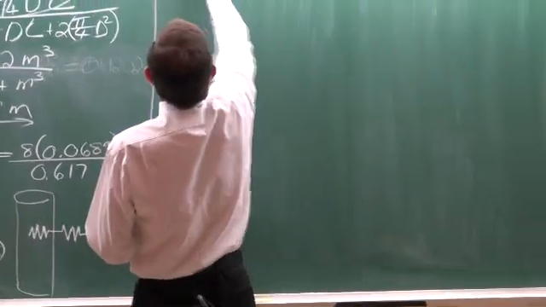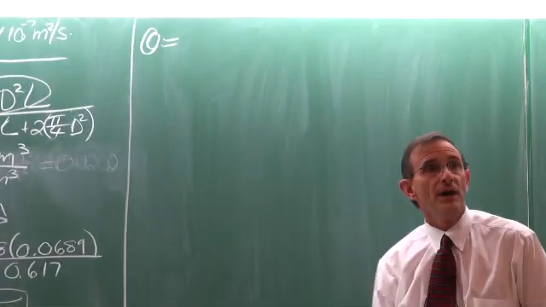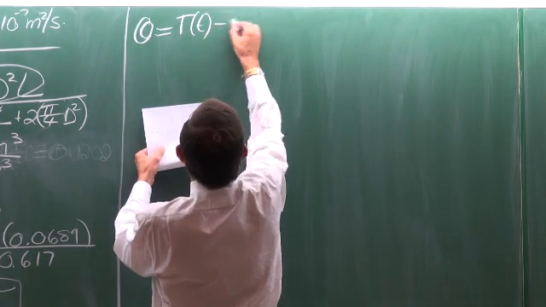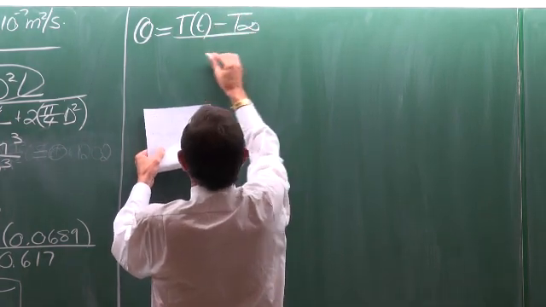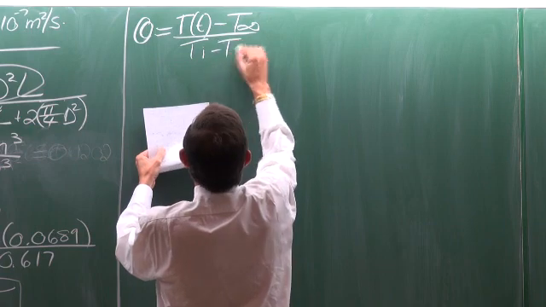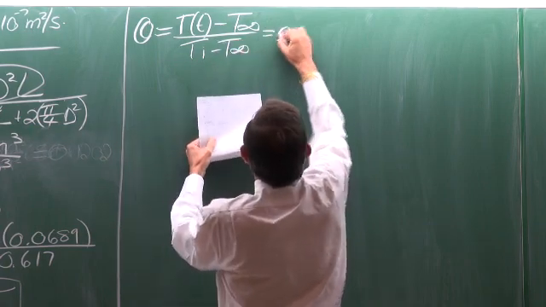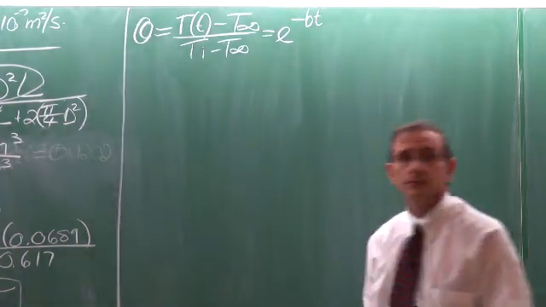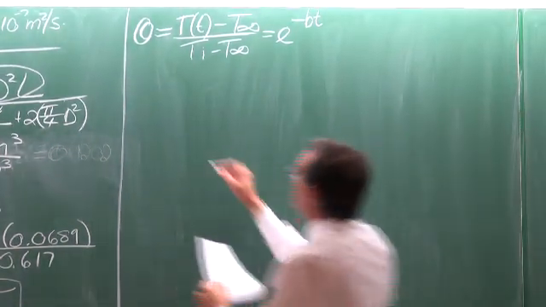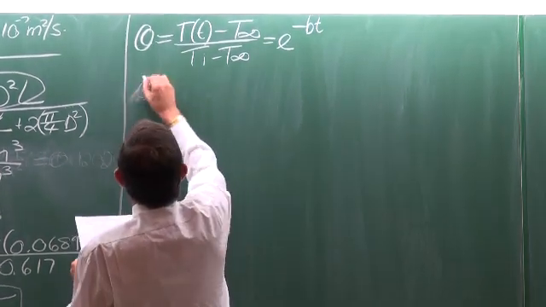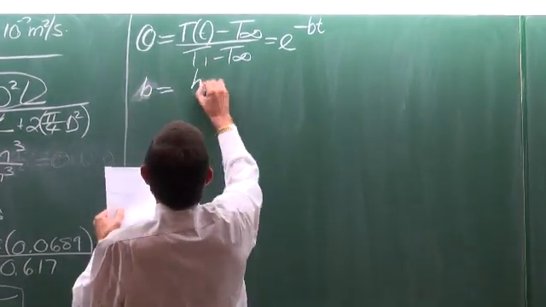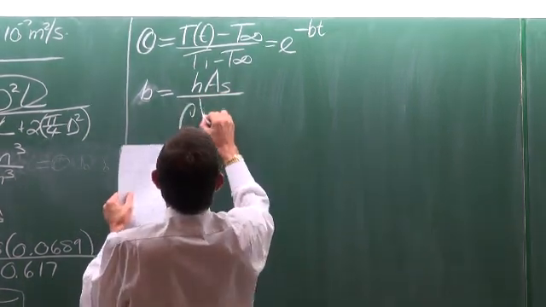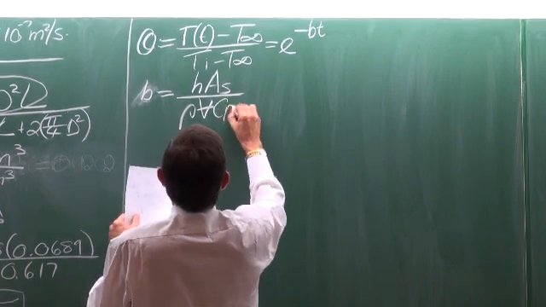So let's go and calculate the non-dimensionalized temperature. The temperature as a function of time minus T infinite, over Ti minus T infinite, is equal to e to the minus Bt, where B is equal to the heat transfer coefficient multiplied by the surface area divided by rho, the volume, and Cp.